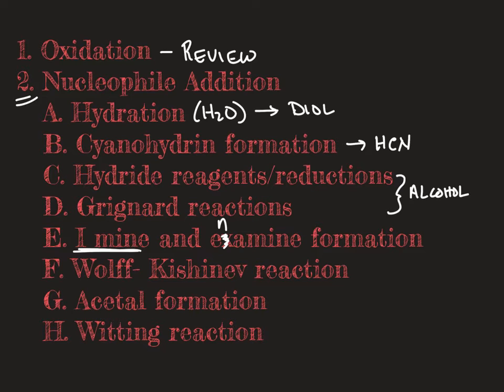Wolff-Kishner reaction, what you get from this is an alkane. Acetal formation, you're going to make an acetal. And then the Wittig reaction, what we are going to produce is an alkene with added carbons to the original starting material.